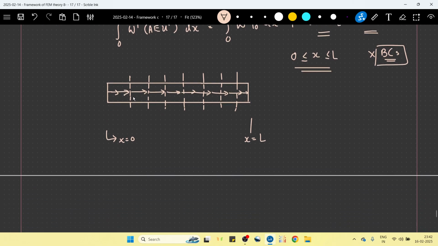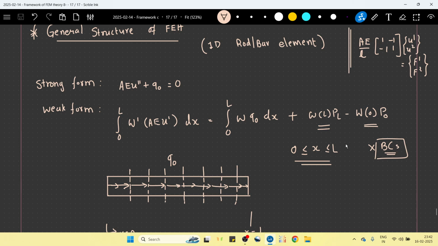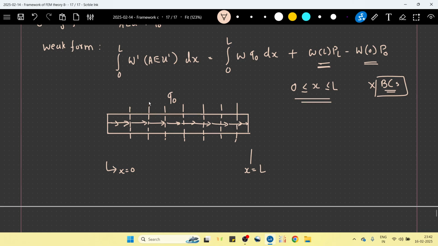So let's take the same problem: a 1D rod subjected to axial force of Q0. Since we are not going to assign any boundary conditions, let's keep the rod as a free structure. And as I said, that is why these two terms we will retain. So we will start with this weak form.